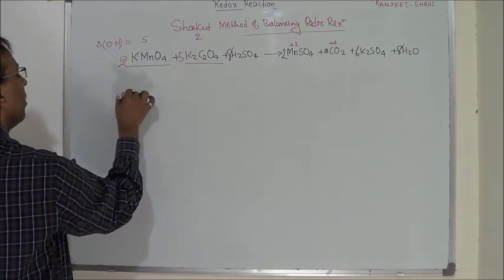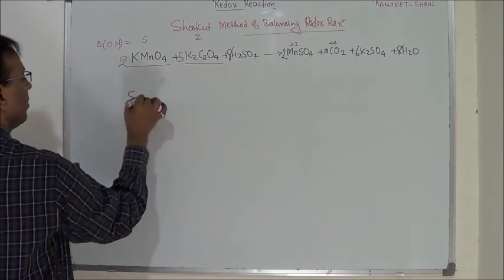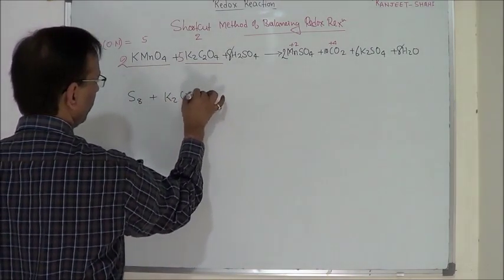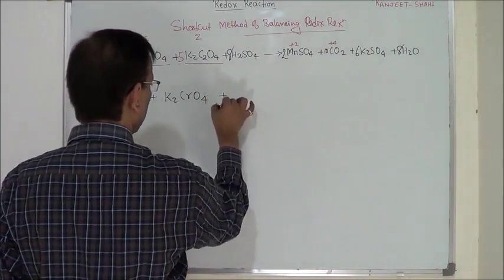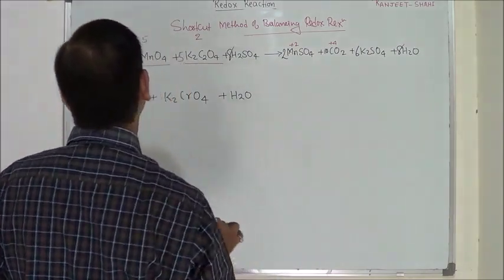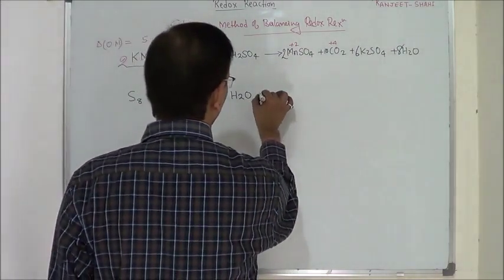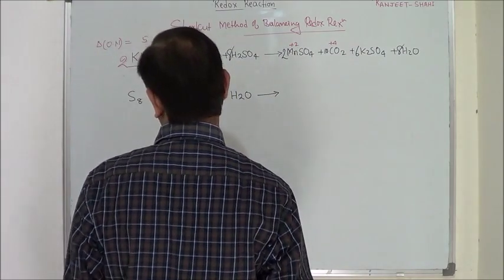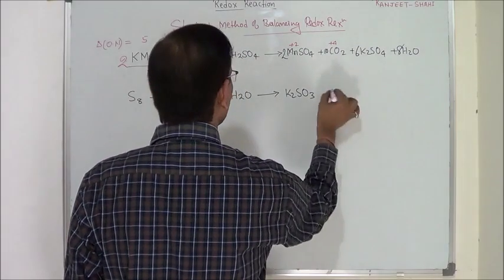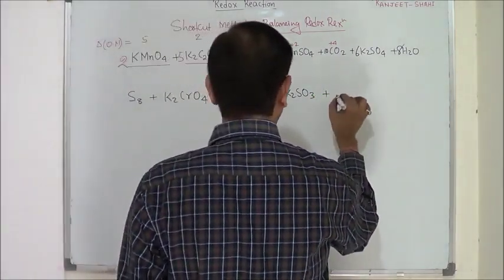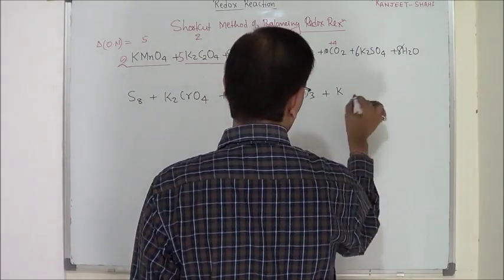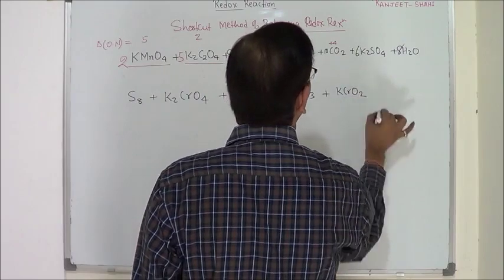Say, let us take S8 plus K2CrO4 plus H2O giving K2SO3 plus KCrO2.